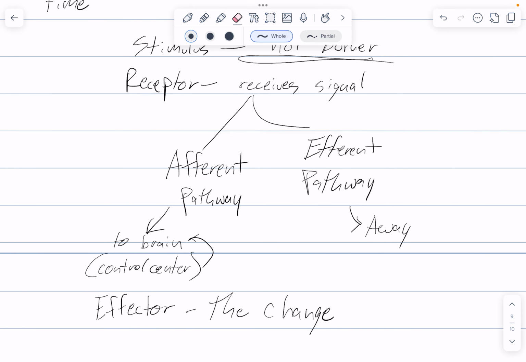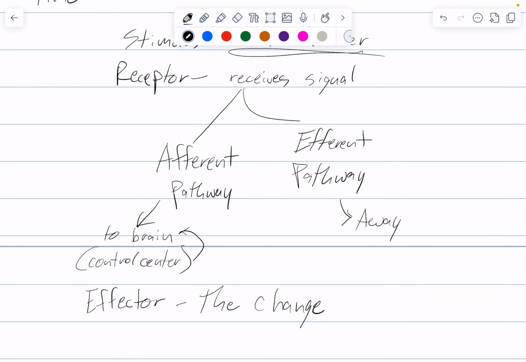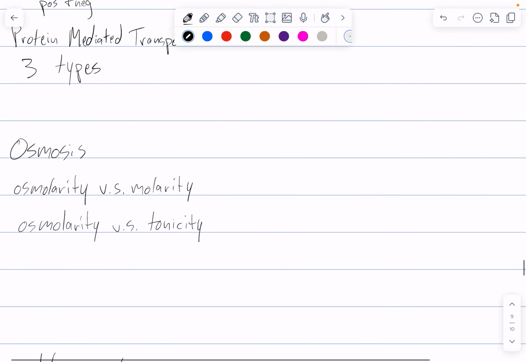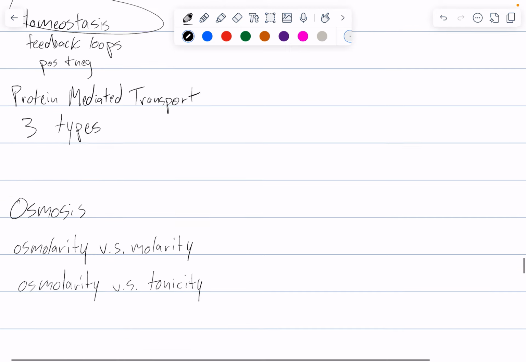So it goes through an afferent pathway to get to the brain, and then coming from the brain, the efferent pathway tells the body to move the hand. And that is homeostasis. And feedback loops, of course.